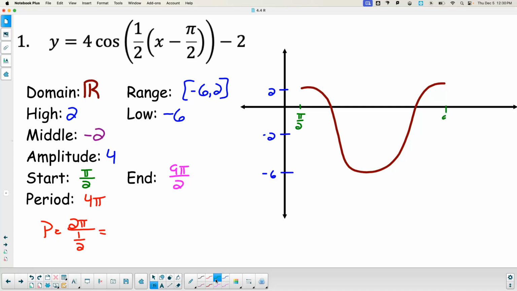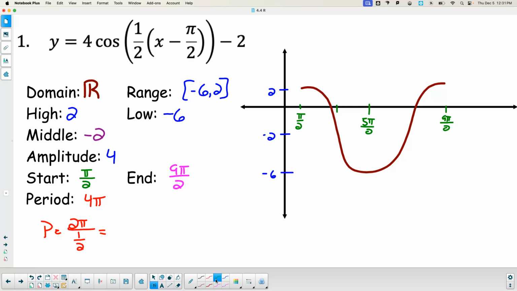Pi/2, 9 pi/2. 1 plus 9, 10 divided by 2, 5, so that's 5 pi/2. Now here's the kicker for the quarter and the 3/4. Normally, it always was wherever our axes hit it, correct? We don't have that luxury anymore. So we have to go over here to where it is and then go up.